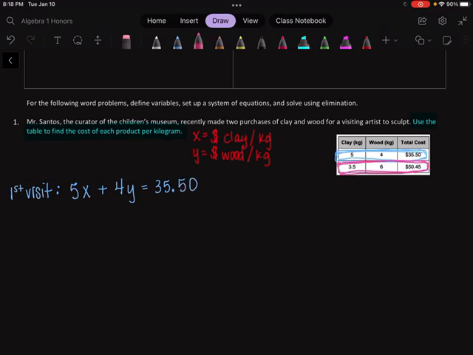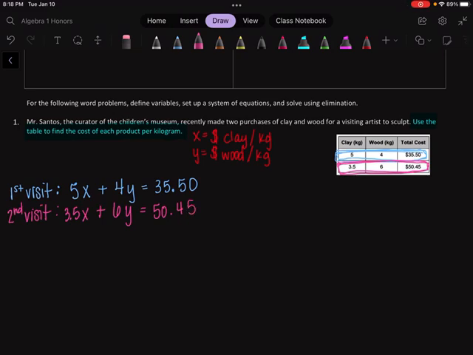All right, now I'm going to do his 2nd visit. I need 3.5 times the cost of clay per kilogram plus 6 times the cost of wood per kilogram is equal to 50.45.